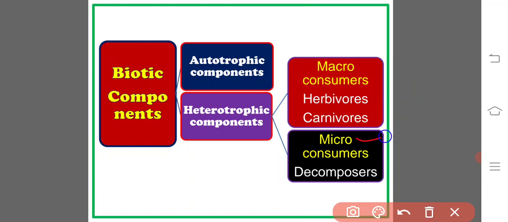And coming to the micro consumers, they are known as the detritivores, otherwise the saprotrophs. These organisms feed on dead and decaying material of the organisms, and they break it down into simple compounds.